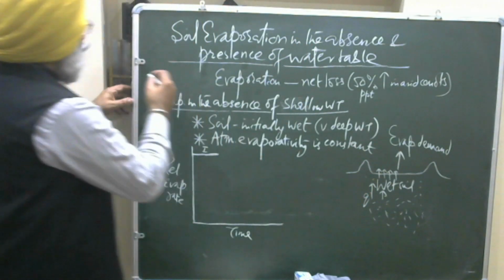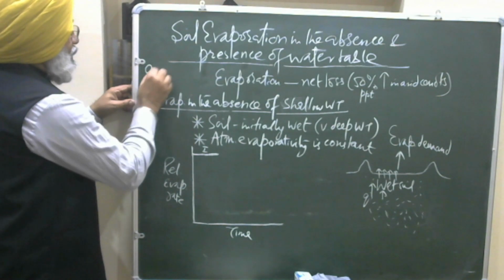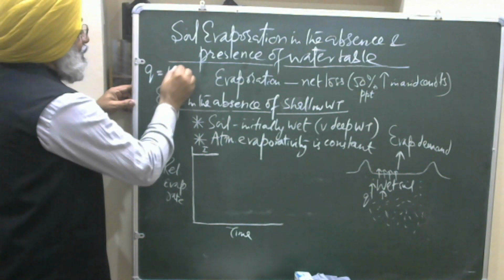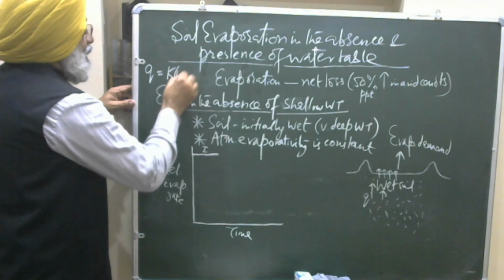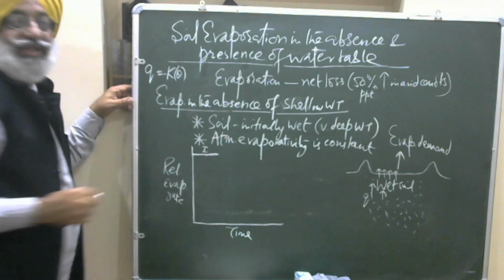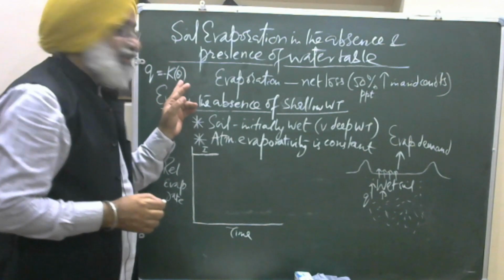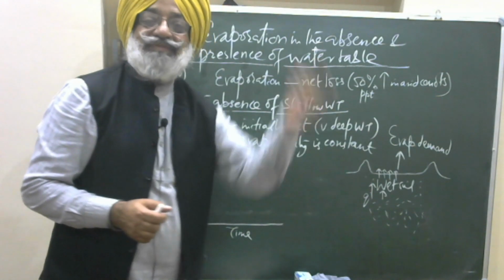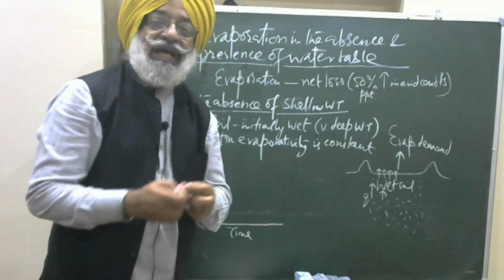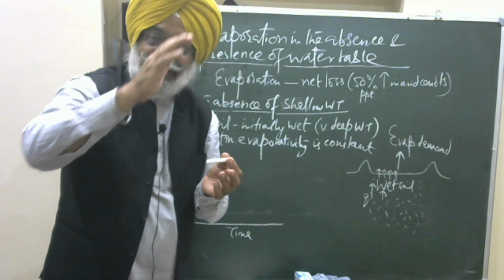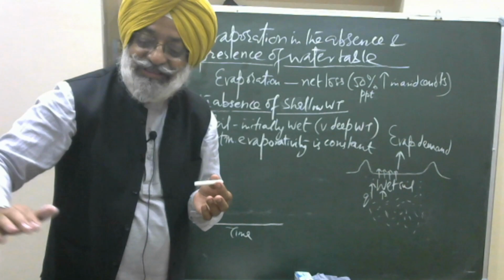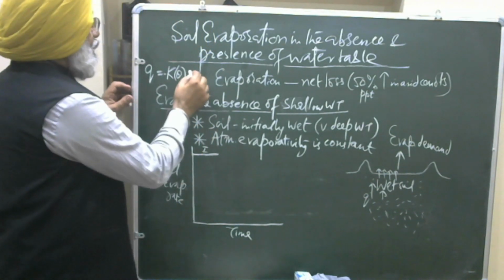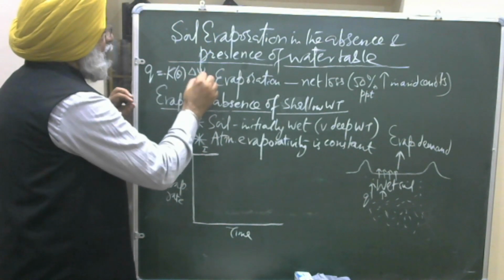Because your flux, as per Darcy's law, is K(theta). That means hydraulic conductivity as a function of moisture. And you know that the hydraulic conductivity of saturated soil is maximum, and as the soil moisture content decreases, hydraulic conductivity decreases accordingly. So here is your potential gradient.